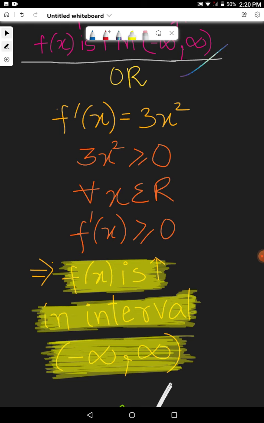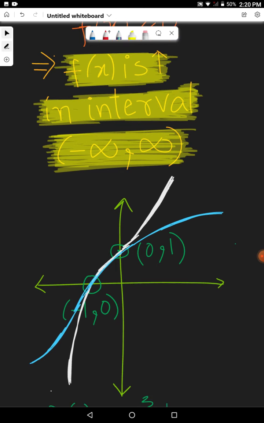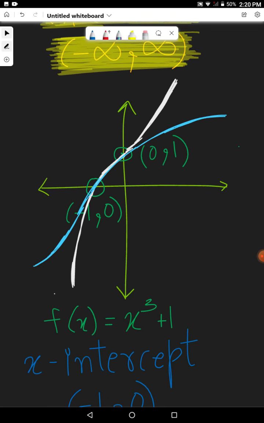We know that 3x square is always greater than or equal to 0 for all x belonging to R, whether x is negative or positive. When f dash x is always greater than or equal to 0, we say that f of x is increasing in that interval. So f of x is increasing in the interval from minus infinity to plus infinity.